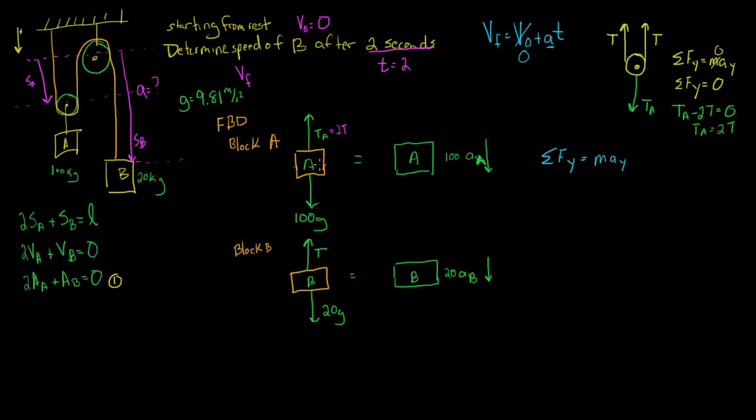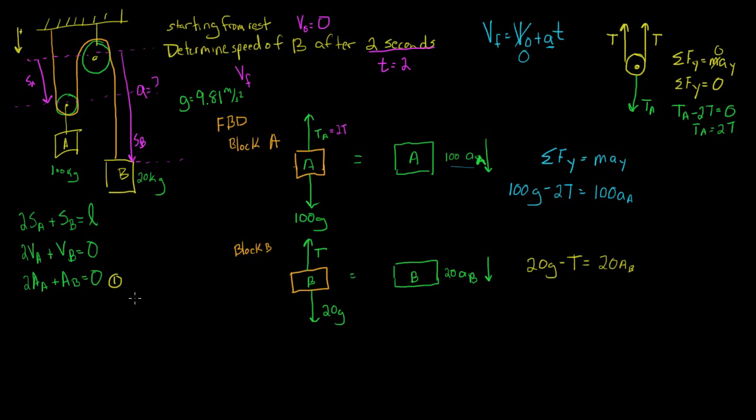The sum of the forces here is 100g minus 2T is equal to 100 times the acceleration of A. And for this equation, we have 20g minus T is equal to 20 AB.